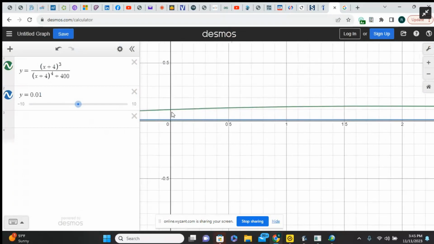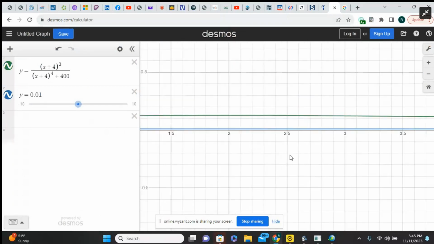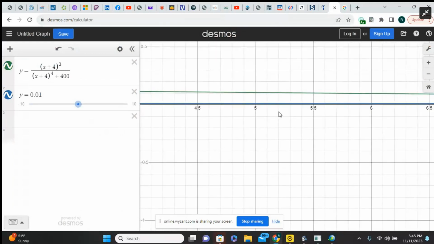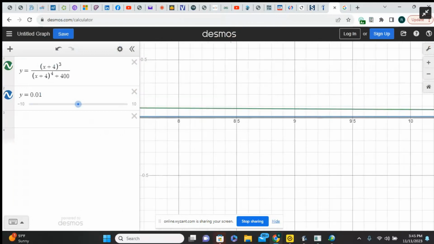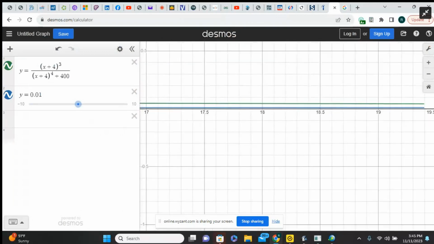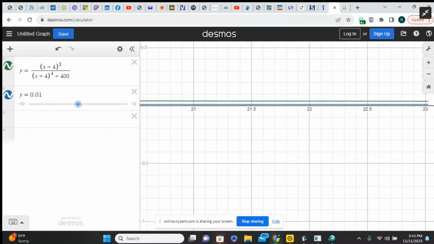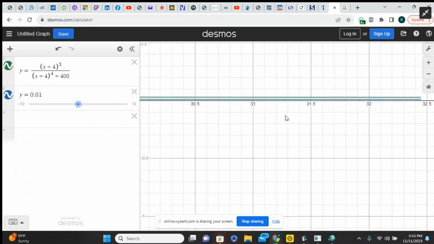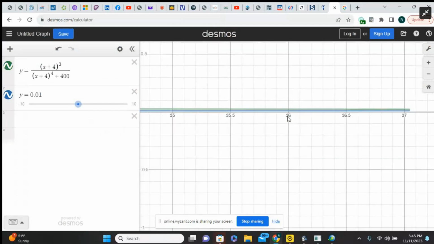We start here and go to the right. I see that the green is starting to decrease. It looks like they're about to hit pretty soon. Just keep going.